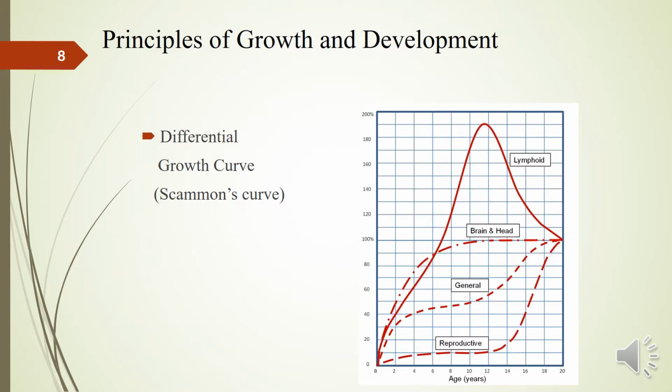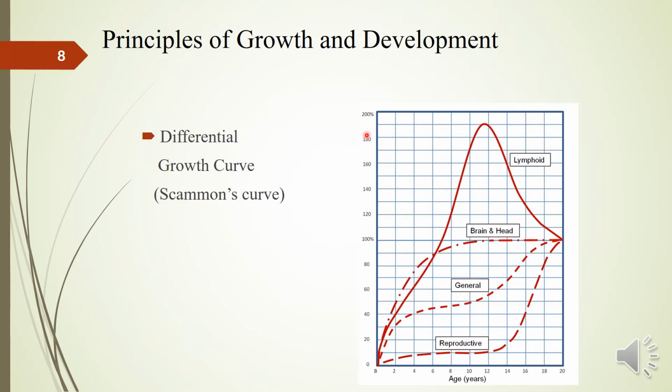Another thing that we must look at when we're talking about principles of growth and development is that the growth and development of the human body is not a straight line or a linear equation, and we have different parts of the tissues of the body developing at different rates. So I would like your attention to the lymphoid tissues first.